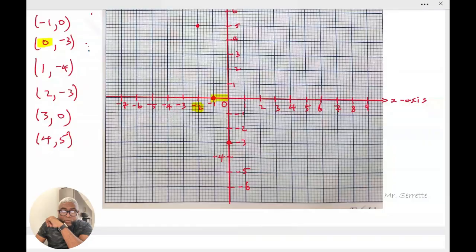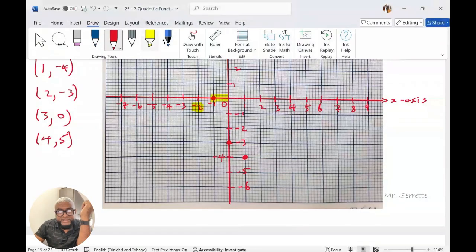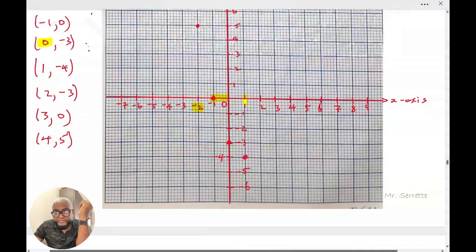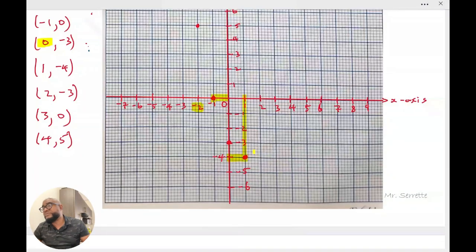Negative 1 on the x, negative 4 on the y would be here. That's why I moved the negative 4 to the other side, because this is where the point had to be. Let me draw some highlights to show how I locate it. Negative 1 on the x, I came down here, and then negative 4 on the y, I came across here. So that's where the points meet.